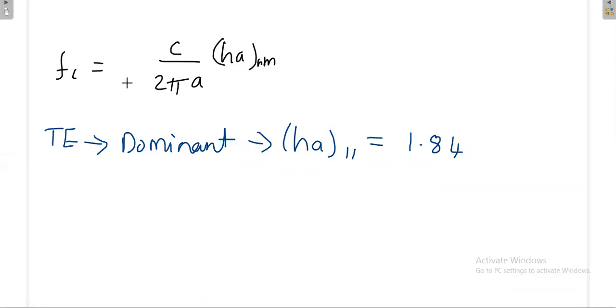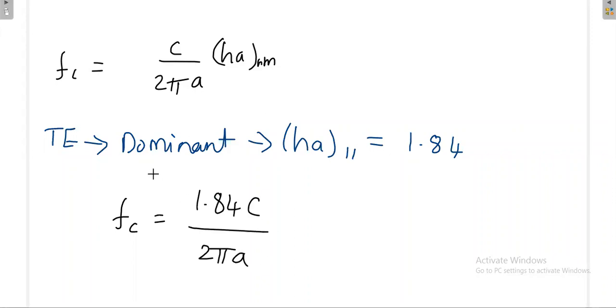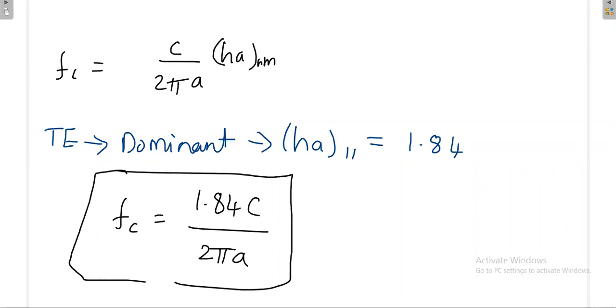So finally, simply I will remember the formula. Instead of Hnm, I can write 1.84. It is simply 1.84 C divided by 2 pi a. Okay, this is the cutoff frequency of the dominant mode in case of TE. TE dominant mode cutoff frequency is 1.84 C divided by 2 pi a.